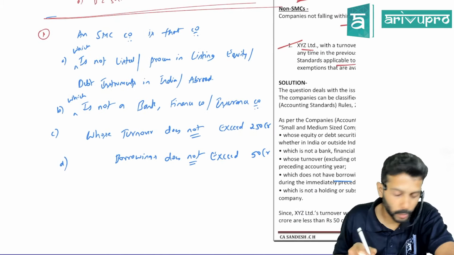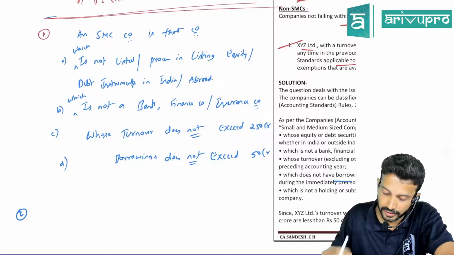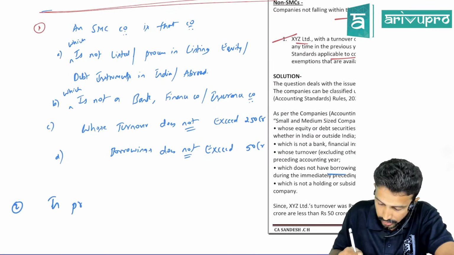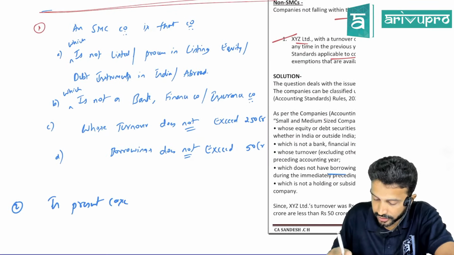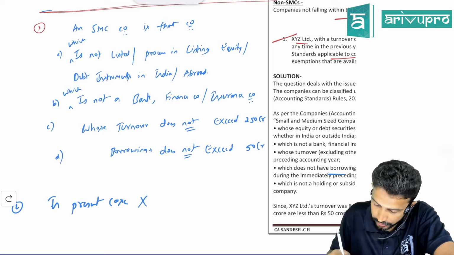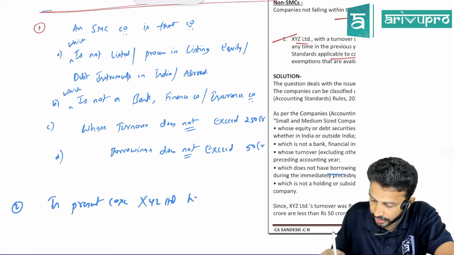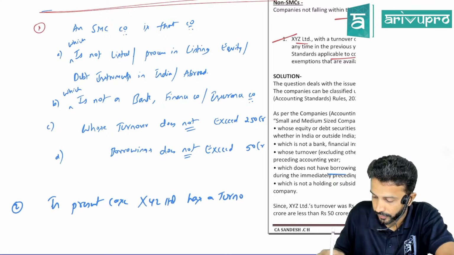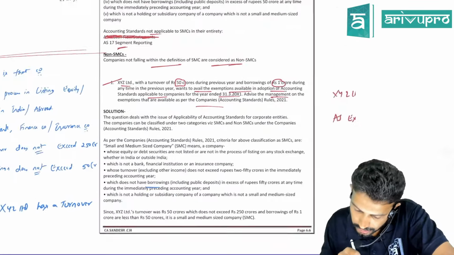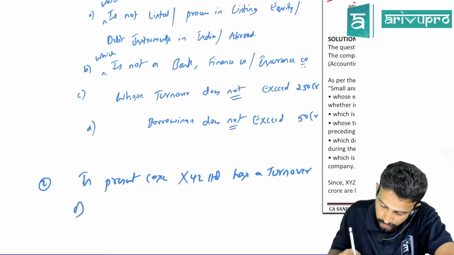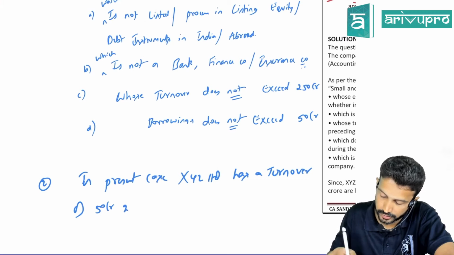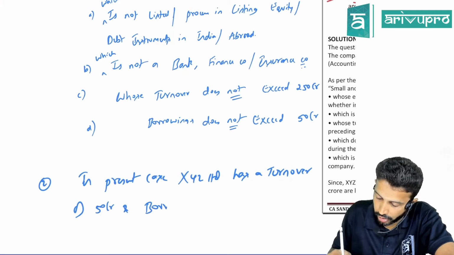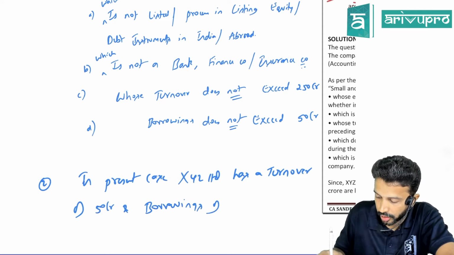Okay, this is the first point you'll write. Next point you'll write, in the present case, XYZ Limited has a turnover of 50 crore and borrowings of 1 crore.